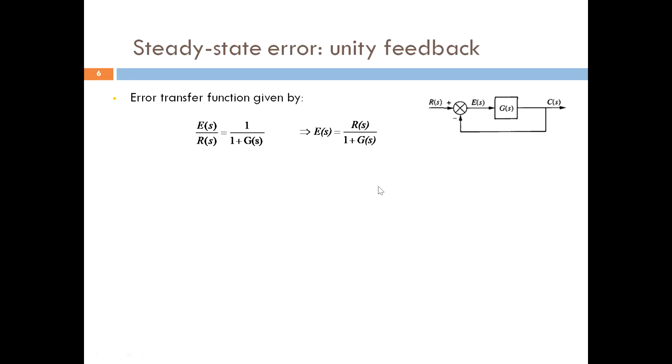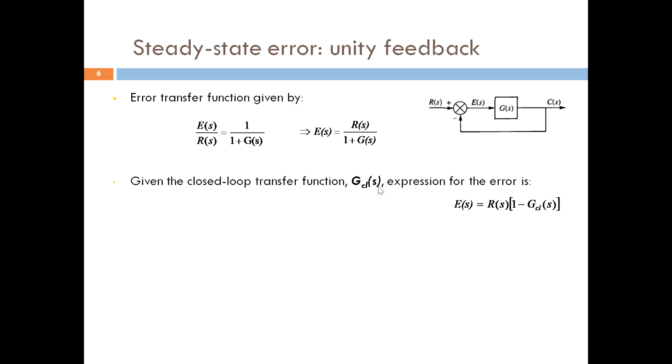Then we can also derive the expression for the error in terms of the closed loop transfer function, and it is given here. Again, it is in terms of the input as well as the closed loop transfer function, and again this is in the case of unit feedback.